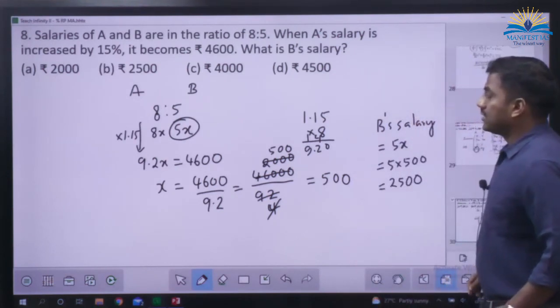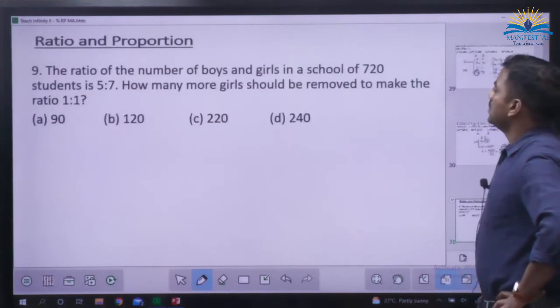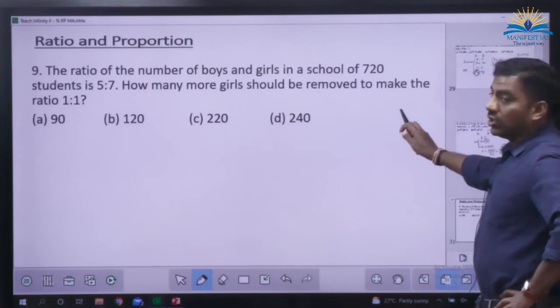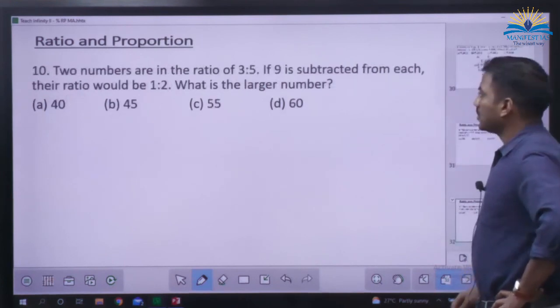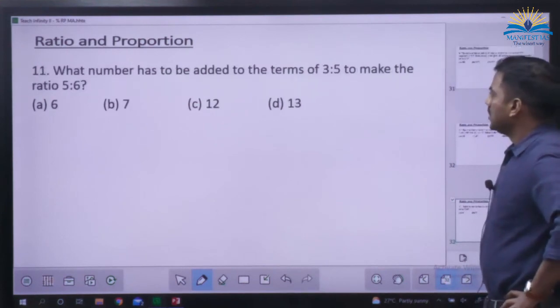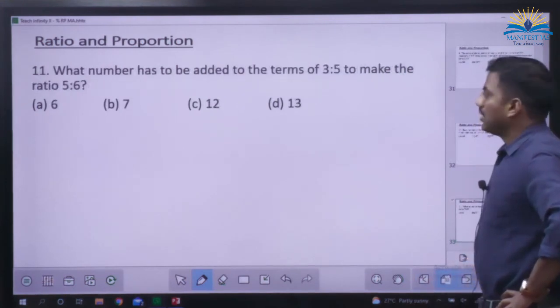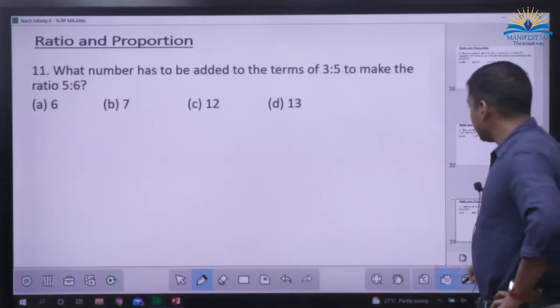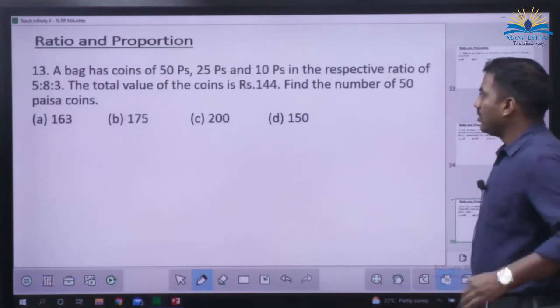Let's see which questions we have in the picture. This you have to solve. This you have to solve. I will not solve. This I will solve. This also I'll solve because this and this have the same concept. Then this I'll solve, 3 questions.